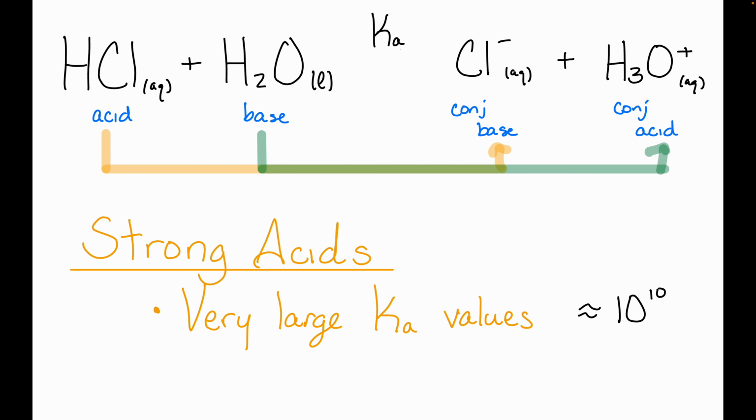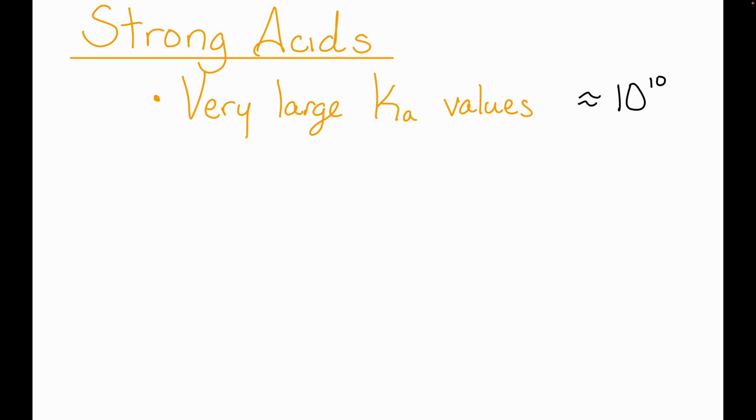Strongly. So this reaction right here, we wouldn't even bother writing this equilibrium arrow because we don't think about it as this dynamic equilibrium. We think about it as going in one direction only, right? Every bit of that HCl you put into that solution is going to dissociate into chloride ions and hydronium ions. So they're very large Ka values, so they strongly favor the products.